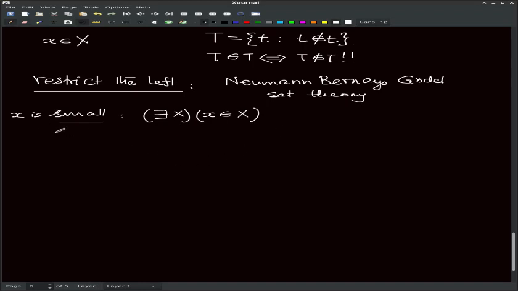Large means not small. That means it is never possible to make it an element. So this is an example of a set which is not small. It is a large set.